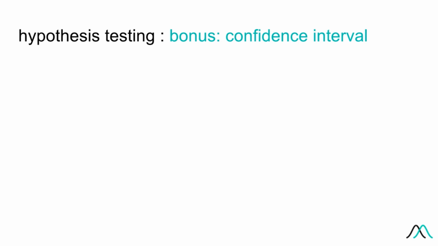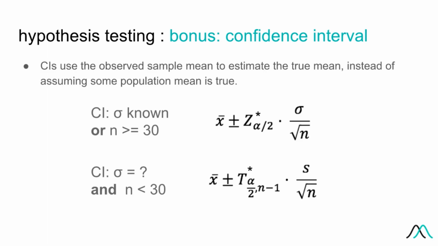From the sample data, a CI infers the interval that we can be X% sure or confident contains the true population mean. Confidence intervals use the observed sample mean to estimate the true mean, instead of assuming some population mean is true. So here are the Z and T versions of a confidence interval.